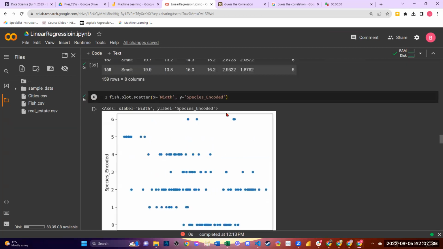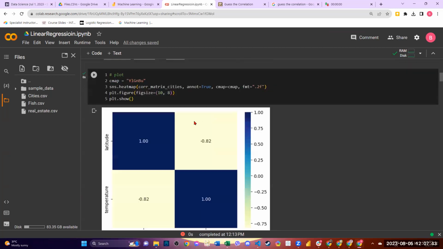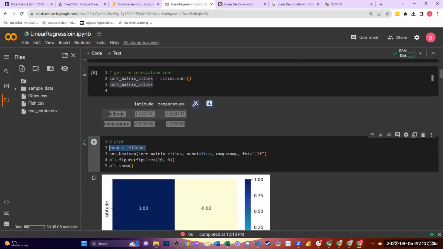And for the cmap, let's try to implement the cmap of this one.